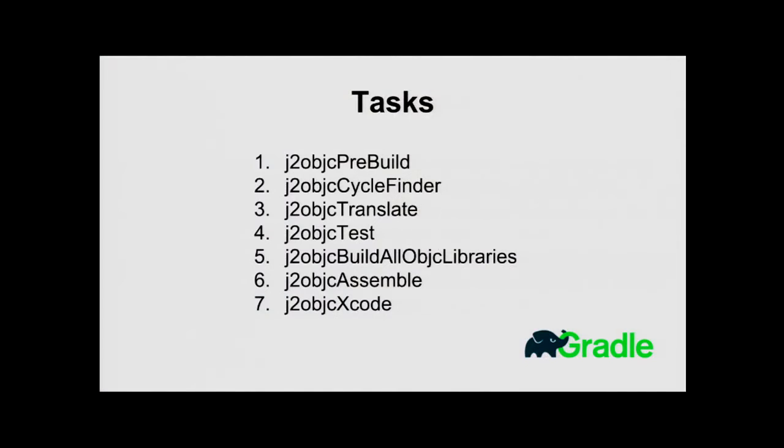There we go. There's a pre-build step if you want to do anything special beforehand, for example generating dynamic code. The cycle finder is more of an advanced use case. Because iOS, and particularly Objective-C, doesn't have garbage collection, the cycle finder, which is very sophisticated, looks at the way that objects manage memory of other objects.